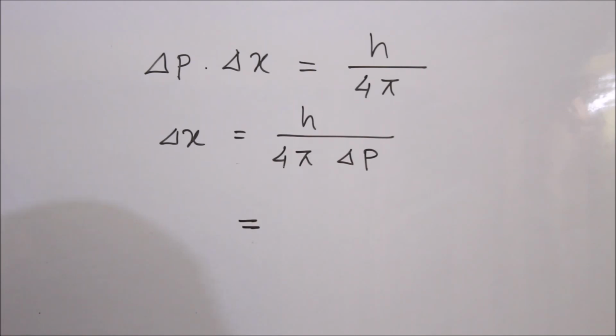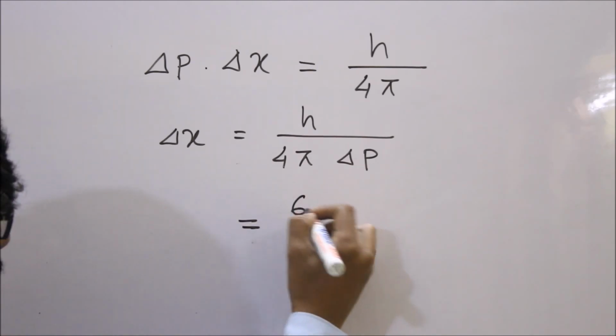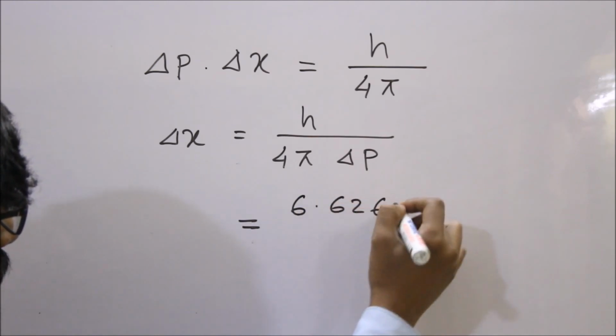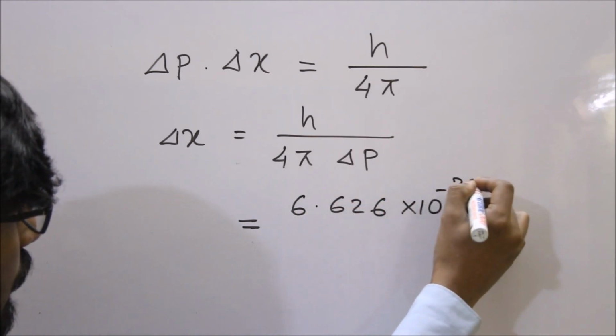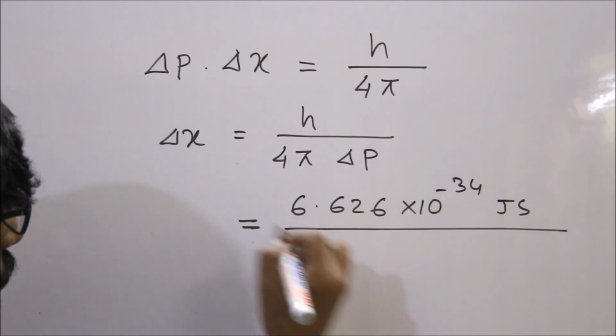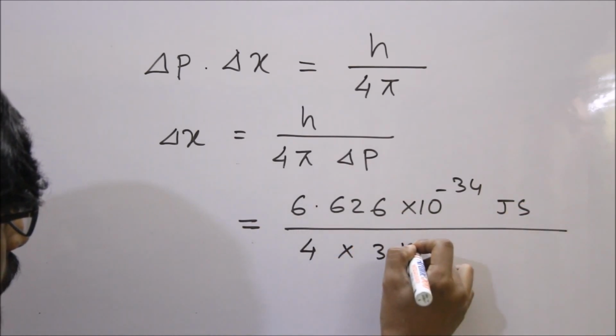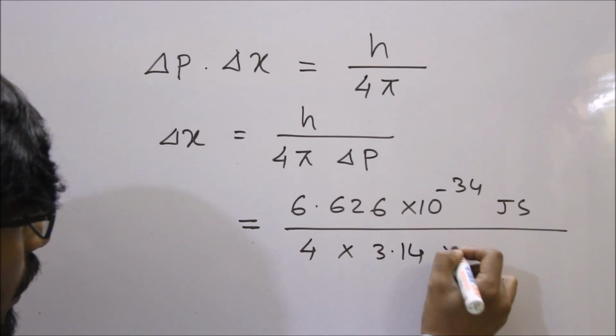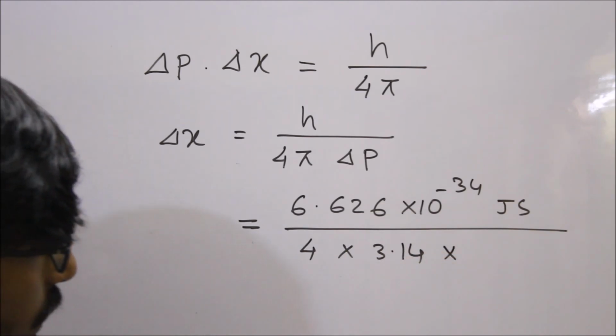h, that means Planck constant, equals 6.626 into 10 to the power minus 34 joule second, and 4 into pi, that means 3.14, into delta p.